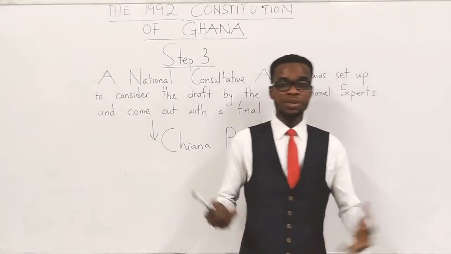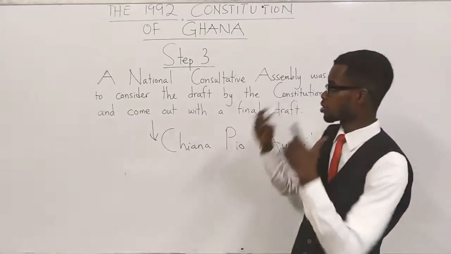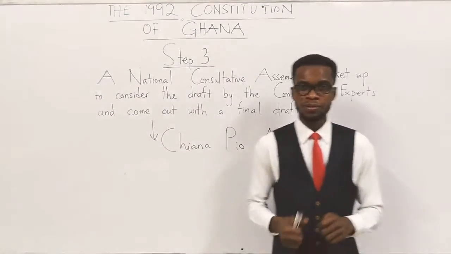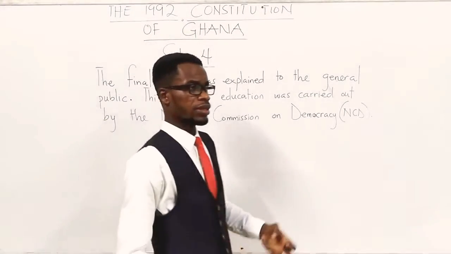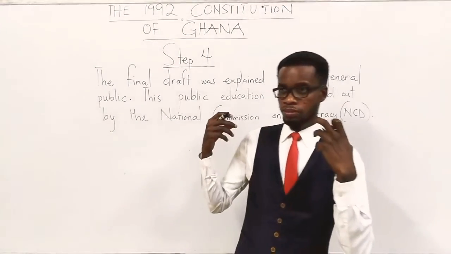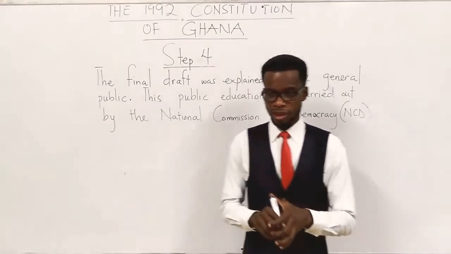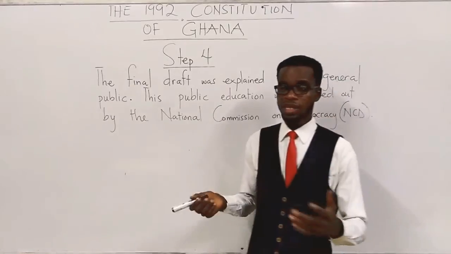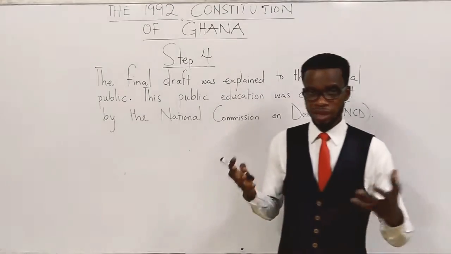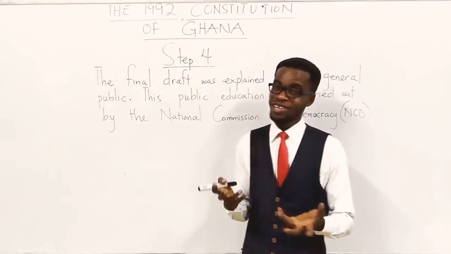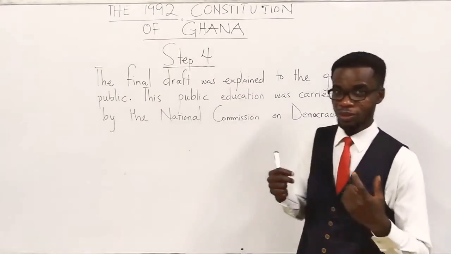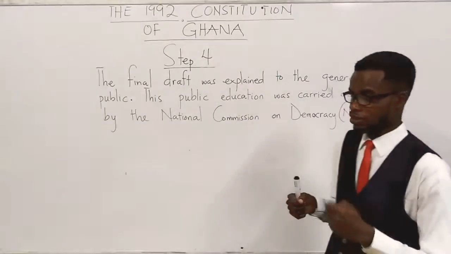And what happened after the final draft? Let's go to step number 4. After the Consultative Assembly did its work, that committee headed by Chiana Pio Ayangitam, I think there's Roland in his name somewhere. Yeah, very long name. Well, a powerful man. Good. So he led that committee.